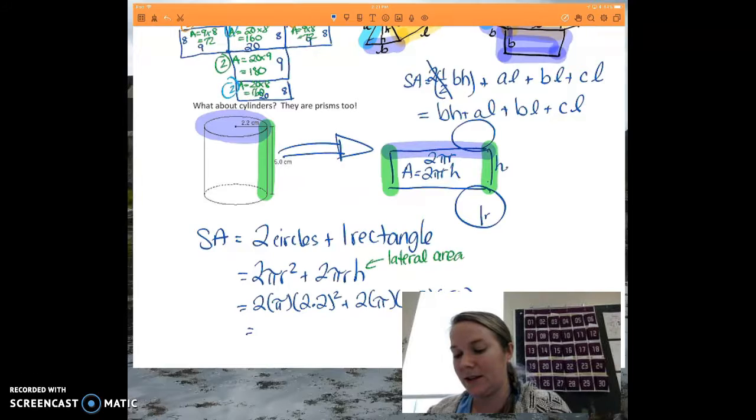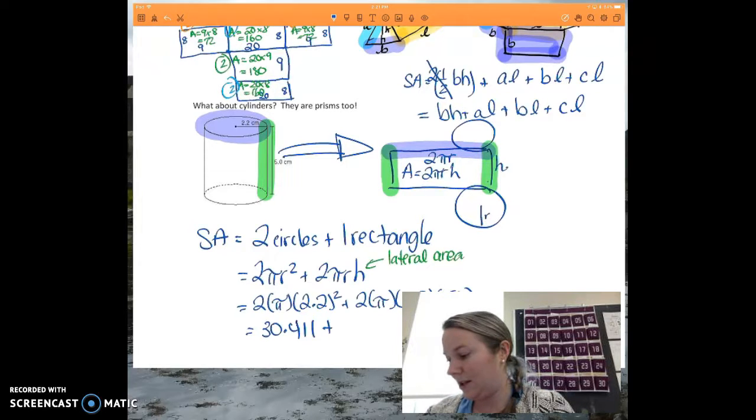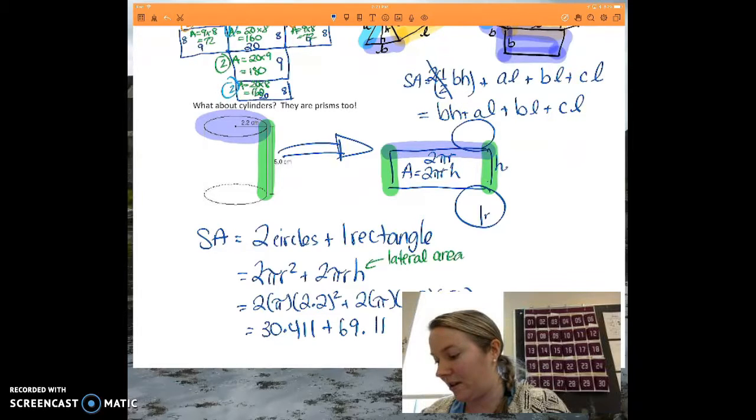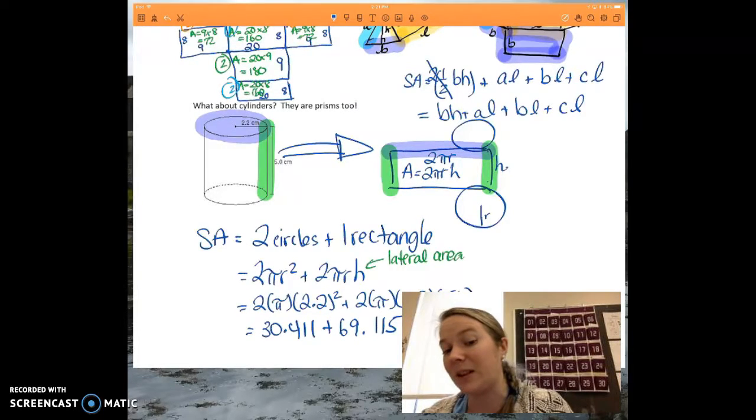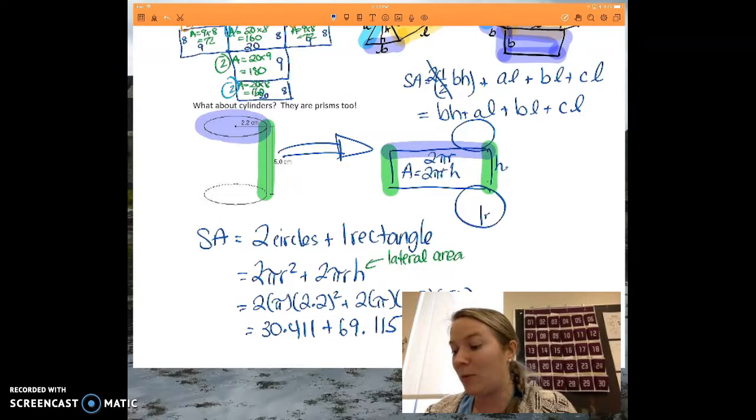Handy dandy calculator. 2 pi times 2.2 squared is 30.411, plus 2 pi times 2.2 times 5.0 is 69.115. I'm keeping 3 decimal places on purpose. I'm only going to use 1 decimal place in my answer. So I always keep at least 2 more decimal places than I need to avoid rounding error.